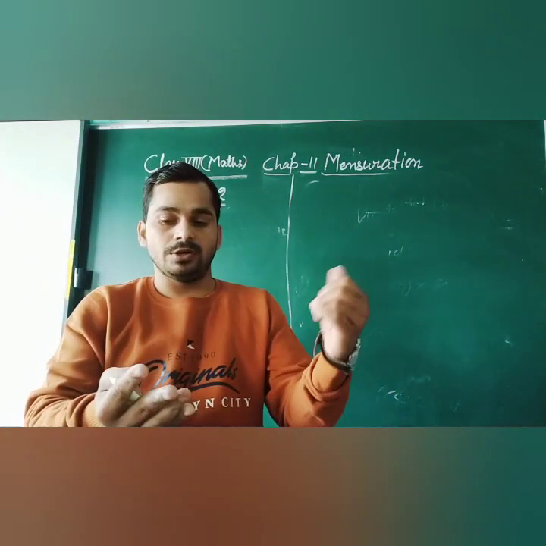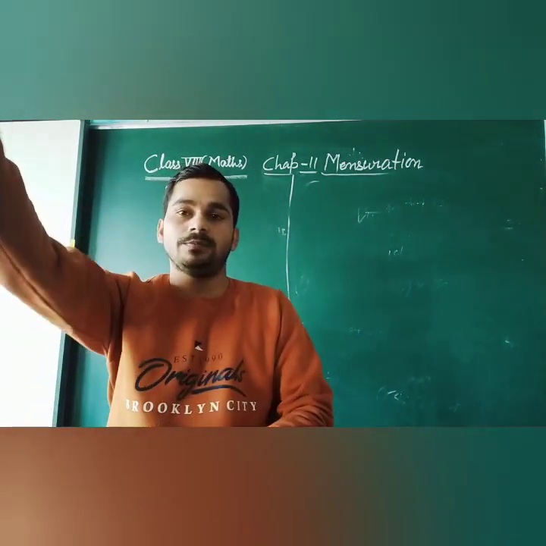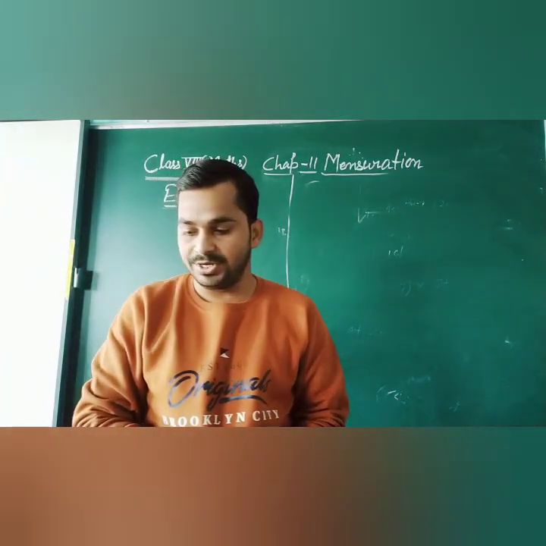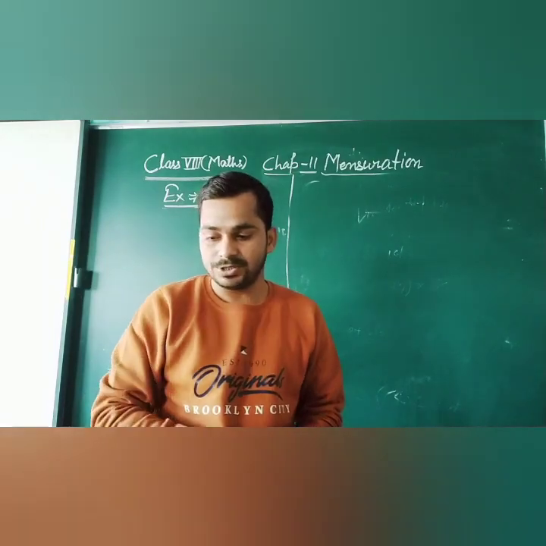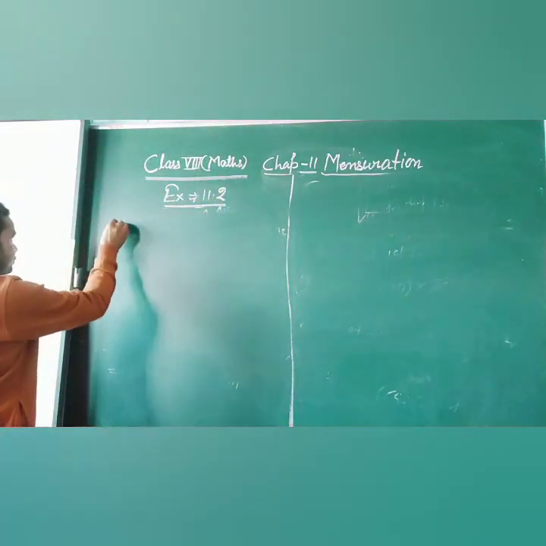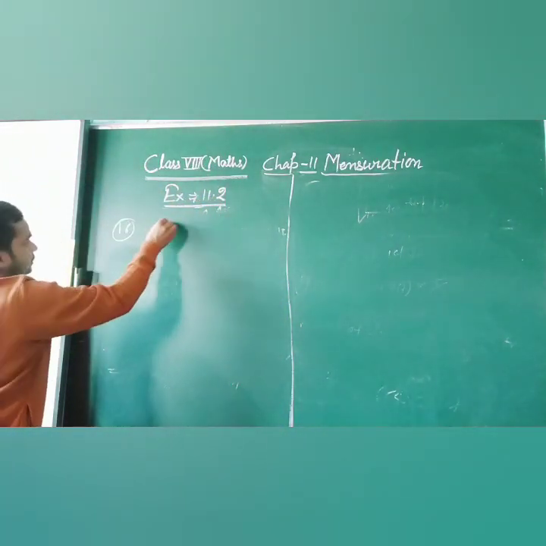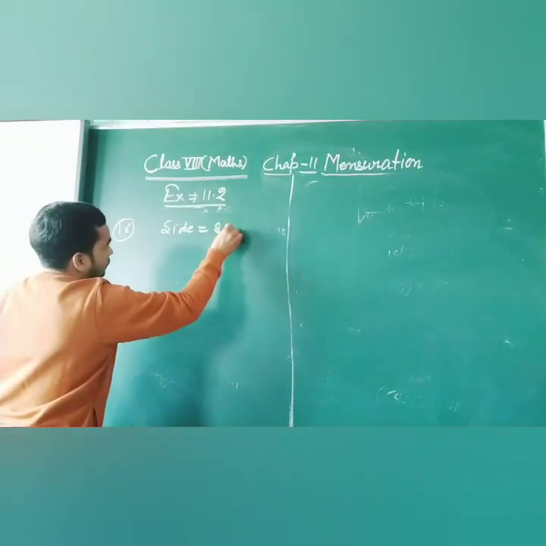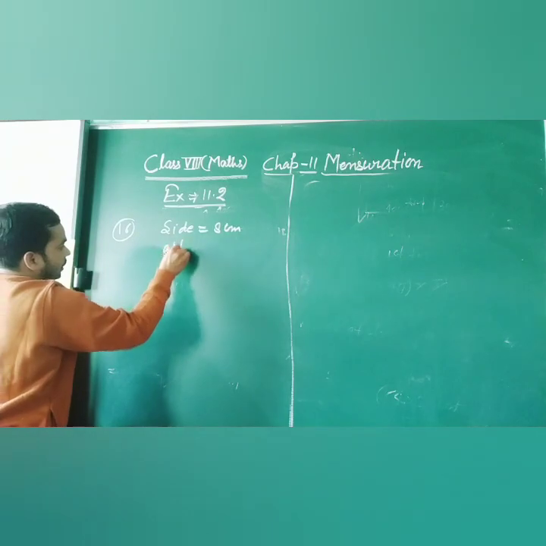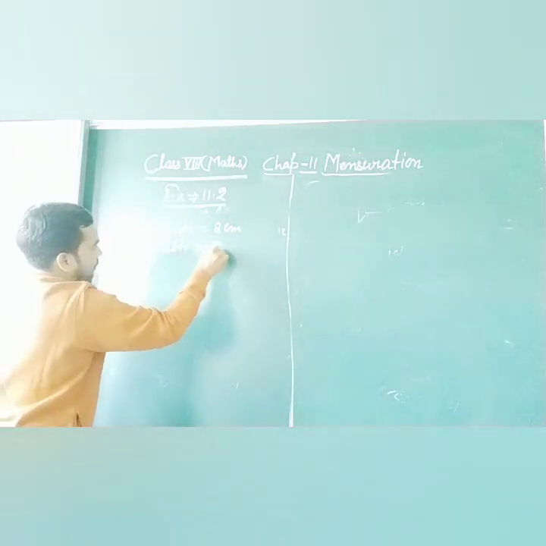So we apply the same formula as the area of a parallelogram, base into height. So the side becomes the base and the altitude is given as 5 cm. In question number 16, side is given 8 cm and altitude is also given 5 cm.